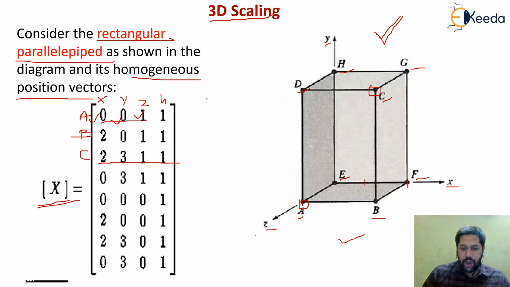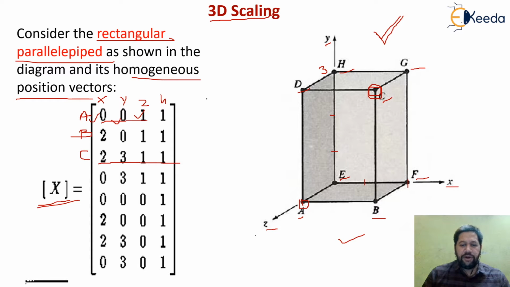So y has the scale of 3, x has the scale of 2, and z has the scale of 1. Yes, 2 3 1, and that is represented by my point c. Similarly I have represented all the points.